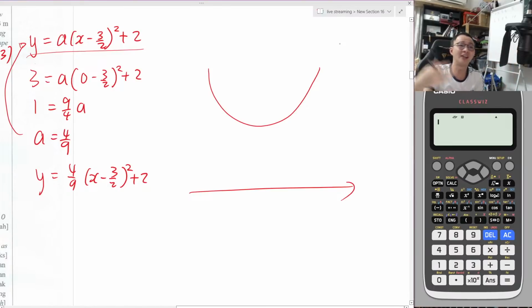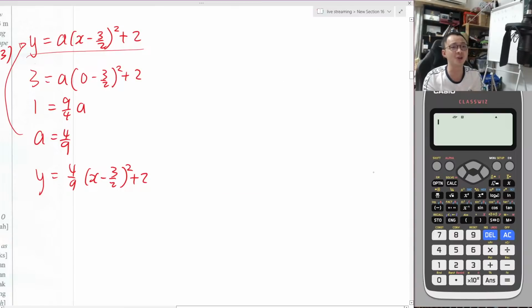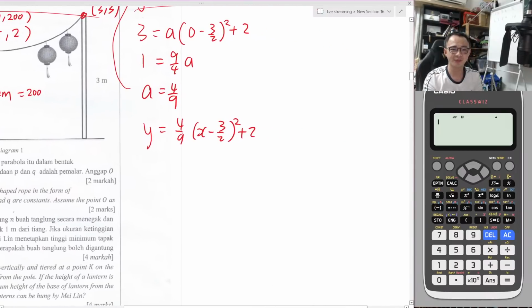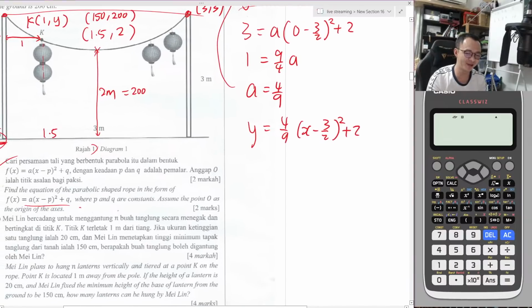You can try it out, because last time I tried with 2 or 3 different equations, and all the equations gave me the same length or same distance or same volume. So you don't need to worry about that. So you can put it randomly, like the staircase question just now.